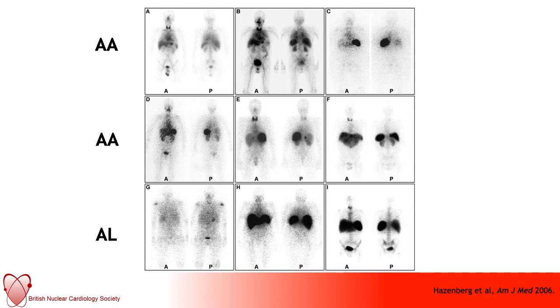And then there are 5 different patterns there of AA amyloid uptake, ranging from kidney only, to spleen and kidney, to spleen, kidney and liver uptake. And on the bottom row, you can see 3 patterns of AL uptake, with the bottom left showing really only joint involvement, the middle showing spleen and liver, and the bottom right showing spleen, liver, and bone marrow uptake.